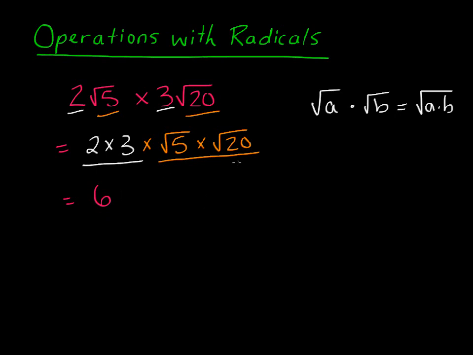So the square root of 5 times the square root of 20 would be the square root of 100, 5 times 20. And 100 is a perfect square number, so we can take that square root, which is 10, and then we have 6 times 10, which is 60. So the multiplication of these two mixed radicals actually ends up being a whole number, 60.